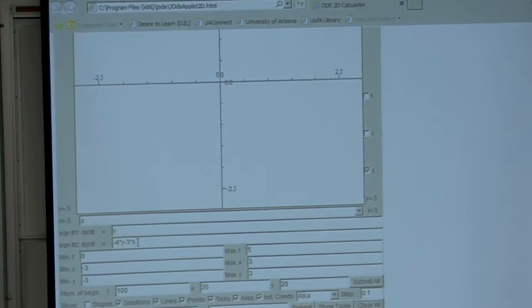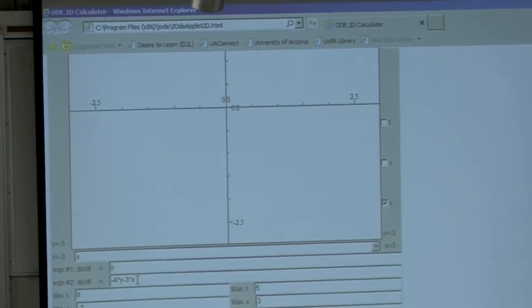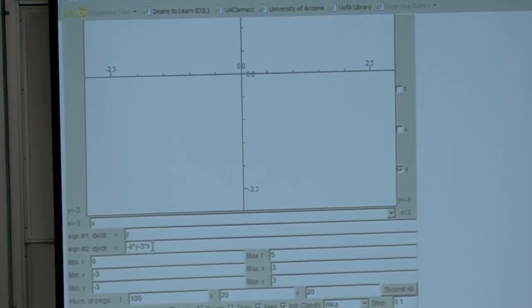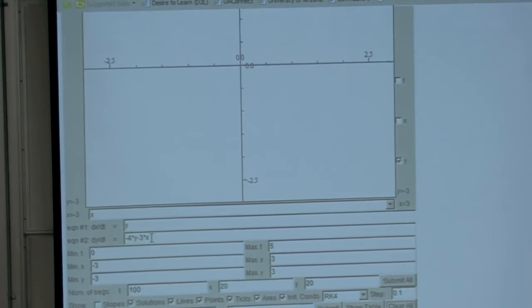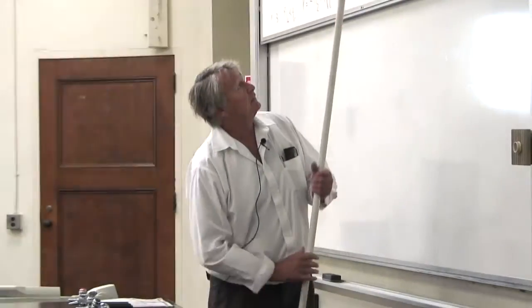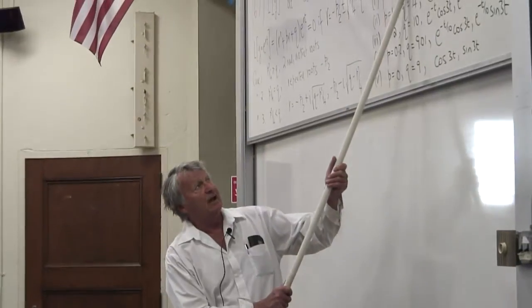Roughly how far do you think I should have to run the thing in time? 1 unit? 10 units? 100 units? What's the solution when I take p equals 4, q equals 3? So we're working on this example.